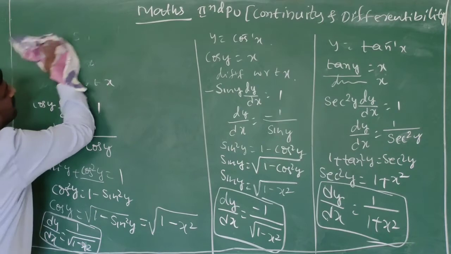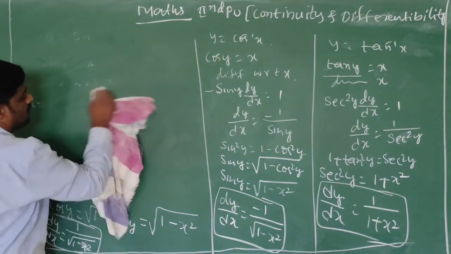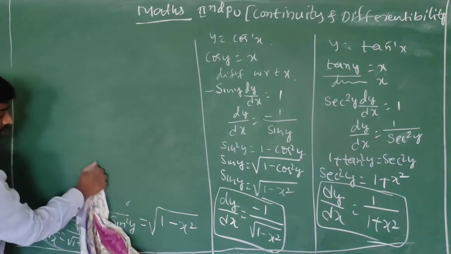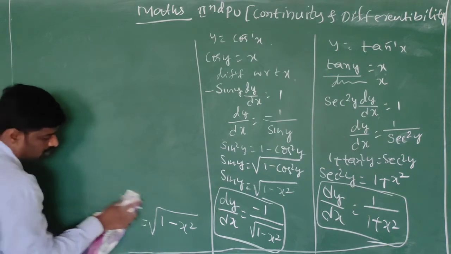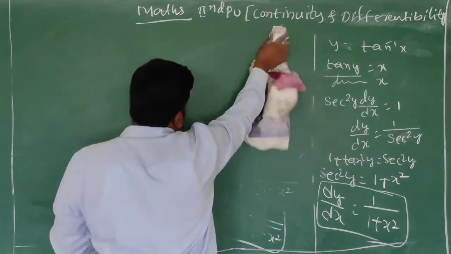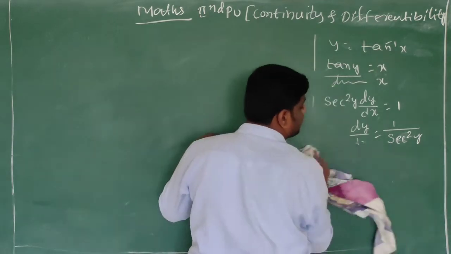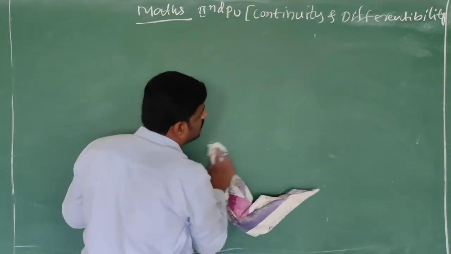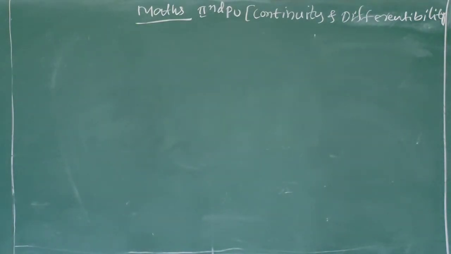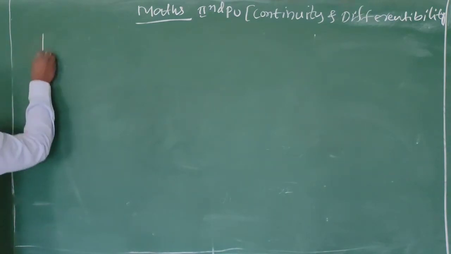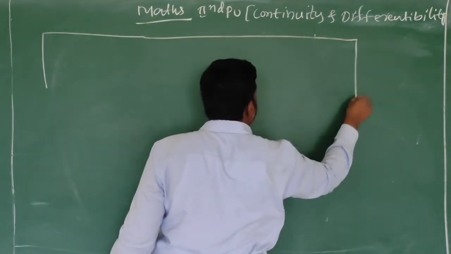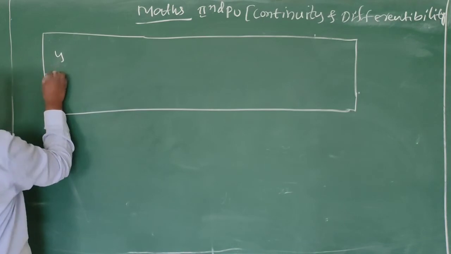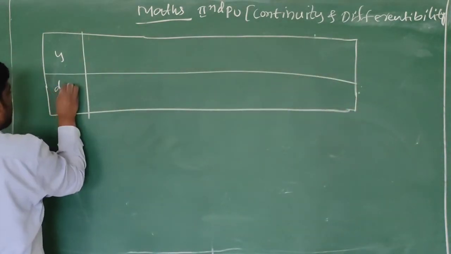I can write the table. Children, so y and dy by dx.